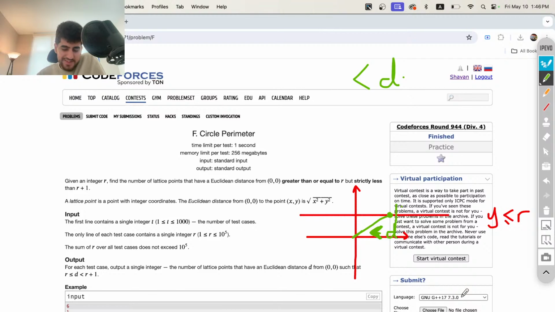Yes. So using binary search, I can find how many points are okay in this row, in this line. So I can sum these values up, and easily I can find the result of the calc function, and I can return it, and then using that I will solve the problem.